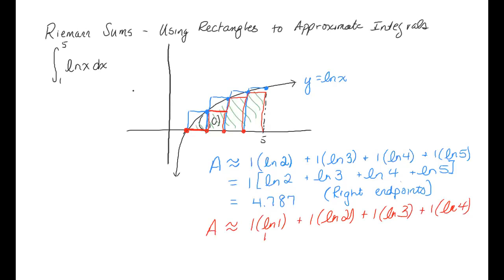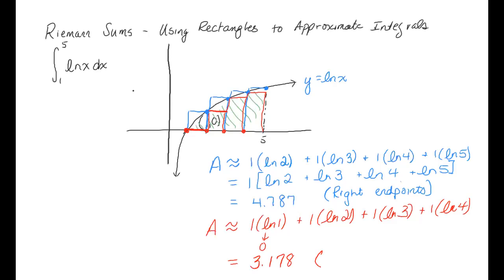And since this number is 0, we can actually get this value by taking our last answer and subtracting natural log of 5. So will you do that for me? Subtract natural log of 5 from the 4.787. 3.178.